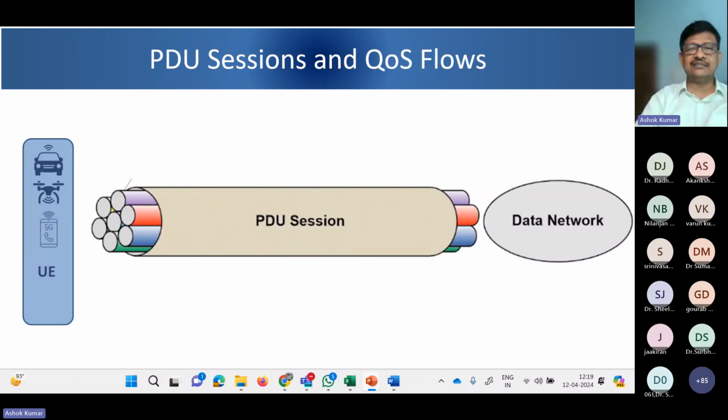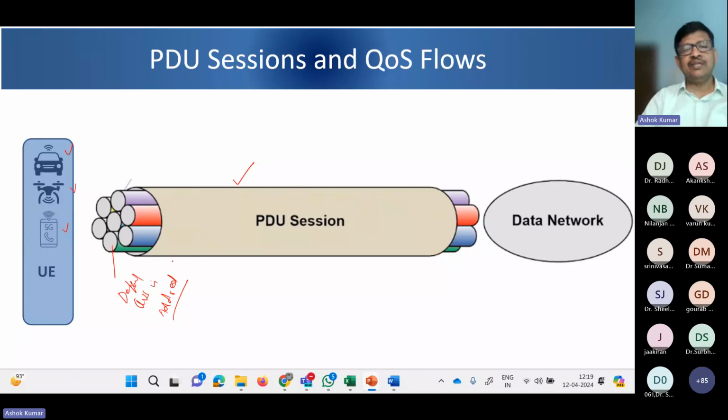As I had discussed, for the first time when a UE, that may be a car or drone or telephone or anything, connects to the network, a PDU session gets created first. And within the PDU session, one default QoS flow is added, which is a non-guaranteed type.